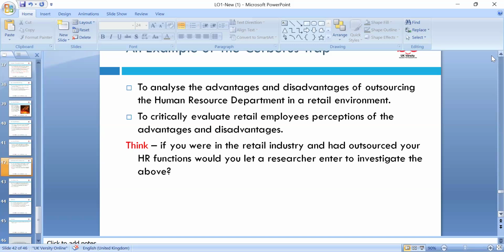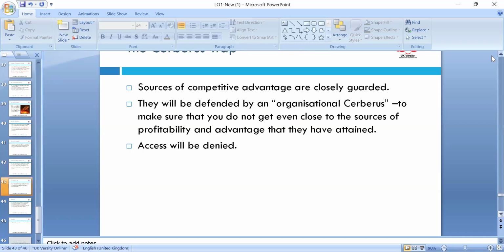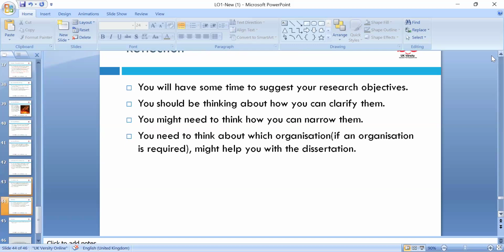Think, if you were in the retail industry and had outsourced your HR function, would you let the researcher enter to investigate? The source of competitive advantage can be a good appraisal system or operational management system in place, then how this can help, we need to make sure profitability advantages are attained and assessed.